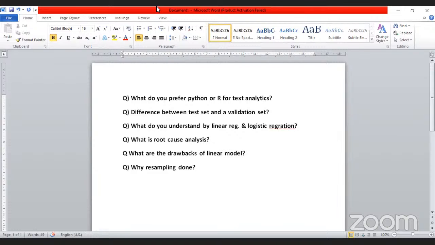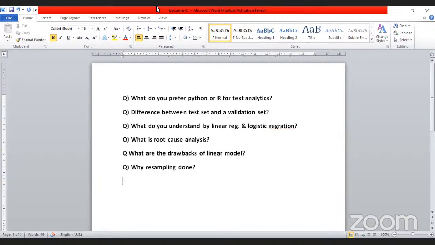So what do we understand? Resampling means we are taking repeated samples from our data. Why do we do resampling? To avoid overfitting and underfitting, in a way that increases the accuracy of our model. For that reason, we use resampling.